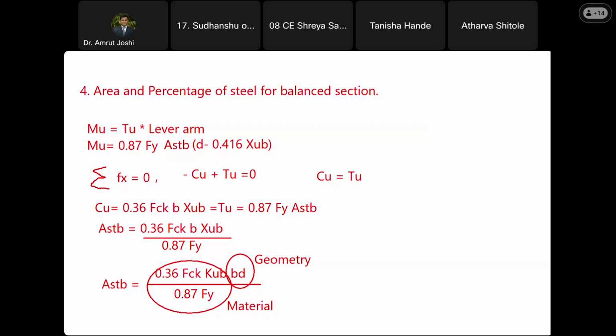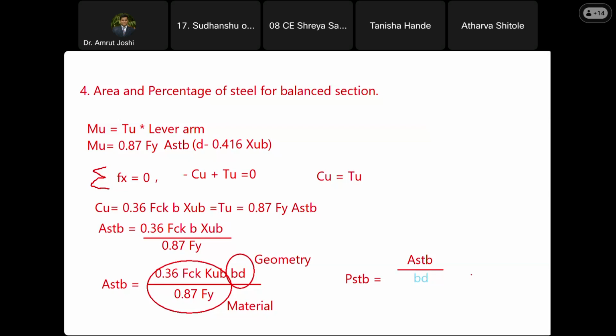This will be equal to what? This will be equal to area of steel on tension side for balance section divided by, how do we calculate percentage? So this divided by the cross sectional area. What is the effective cross sectional area? It is nothing but B into D. Happy? And this is a ratio, but to get the percentage, I will have to multiply it by 100.